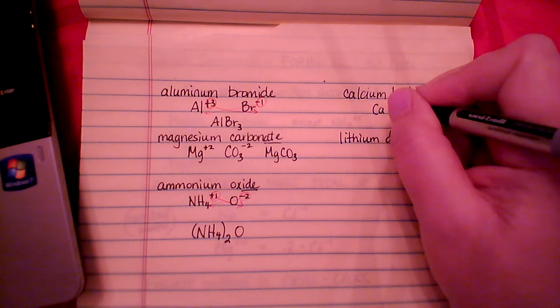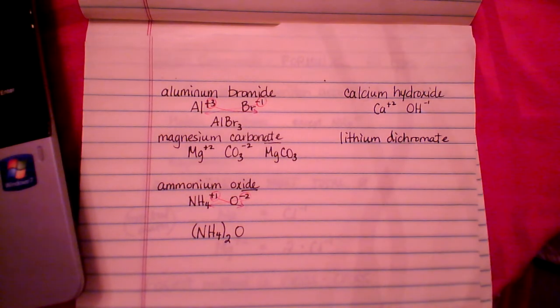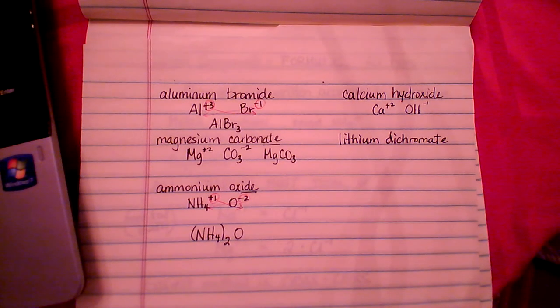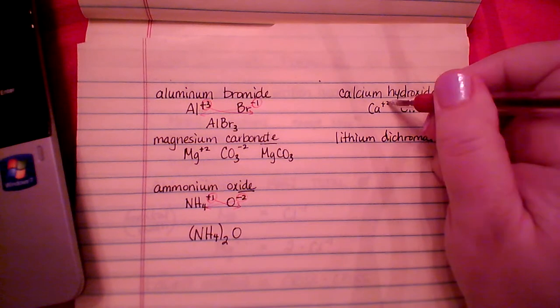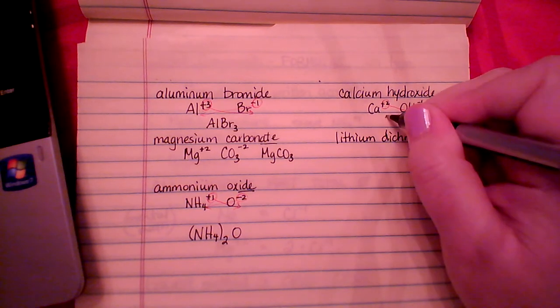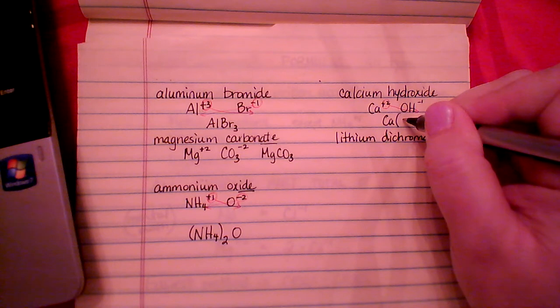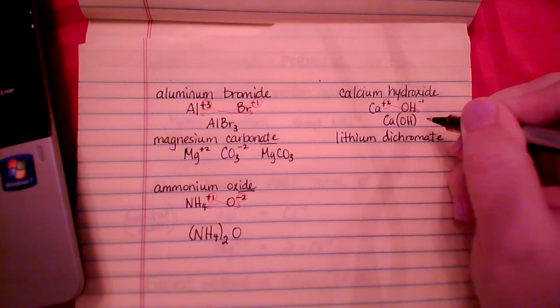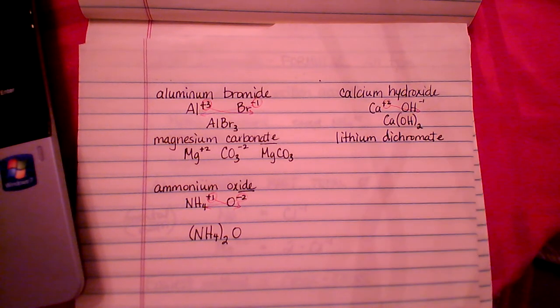So calcium is a +2 charge. So I bet you can think where I'm going with this. When you move the 2 over and across, because hydroxide is a polyatomic, you have to put hydroxide in parentheses. So your final formula would be Ca(OH) with a 2 there.